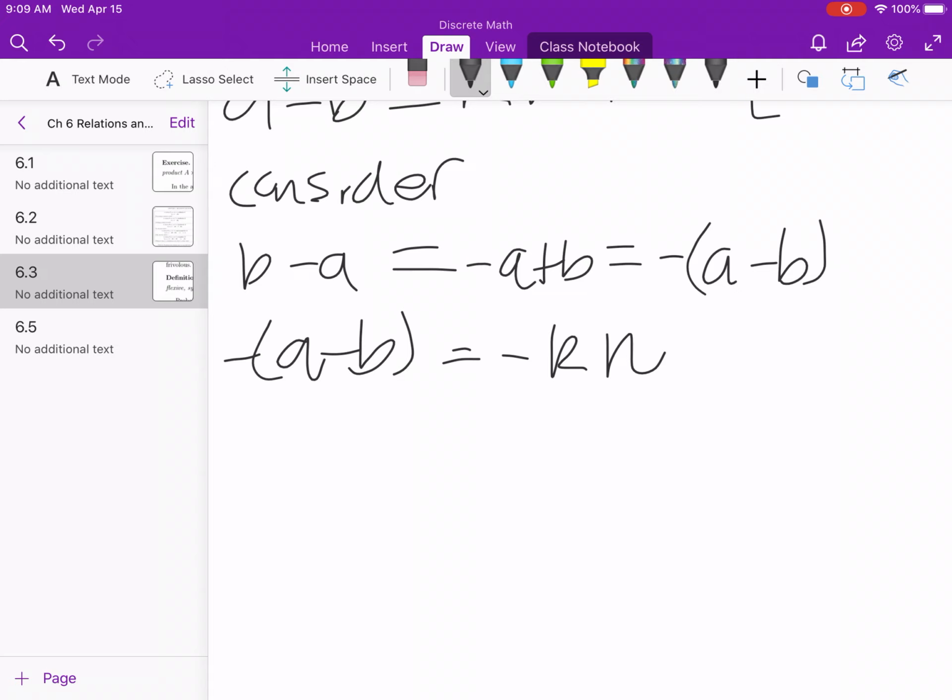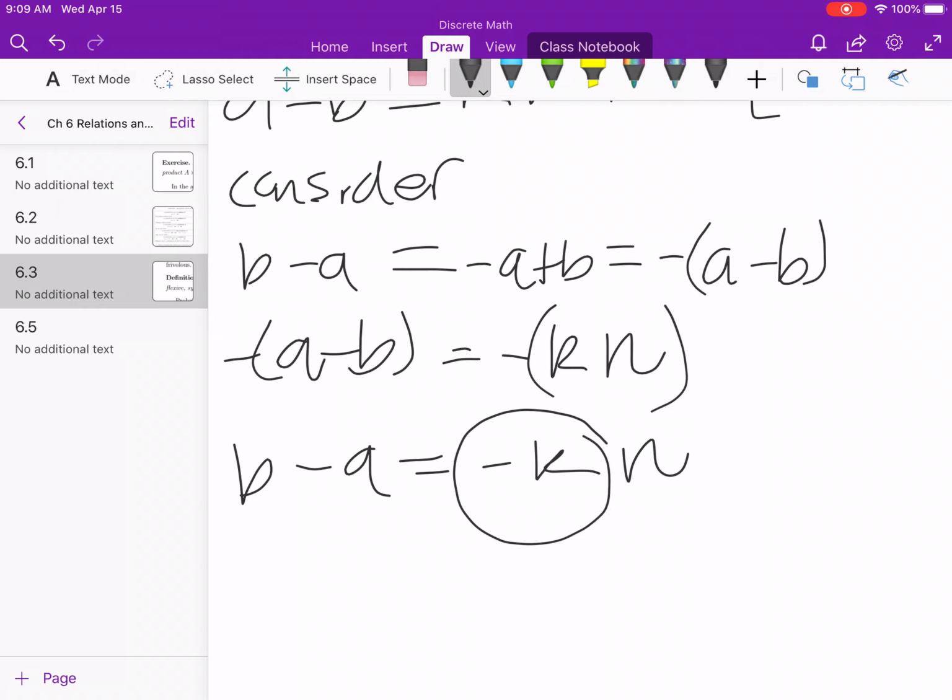If I distribute that through, B minus A is actually equal to negative k times n. So haven't I found an integer value times n? Well, this implies that B is congruent to A mod n, and this is what I wanted to show.